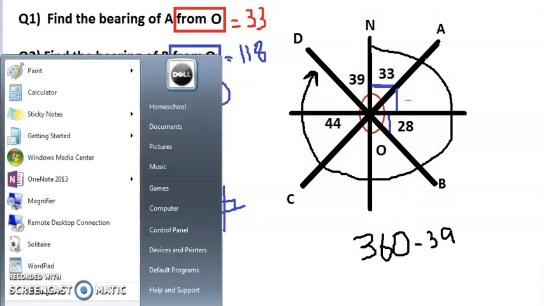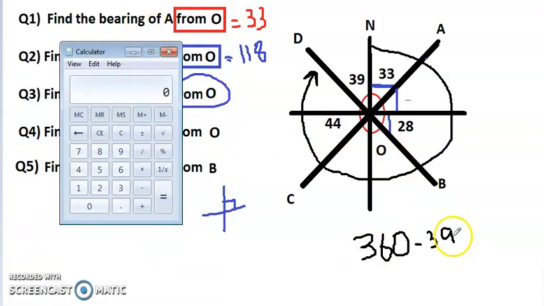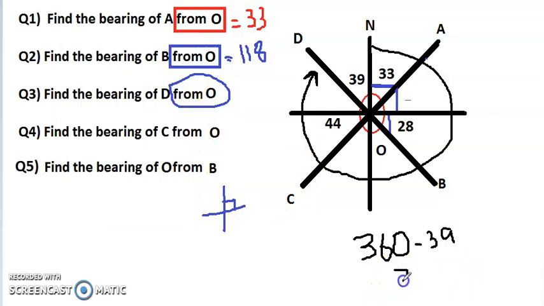So once again I'll use the calculator. 360 minus 39 should give us 321. Therefore we'll write 321.